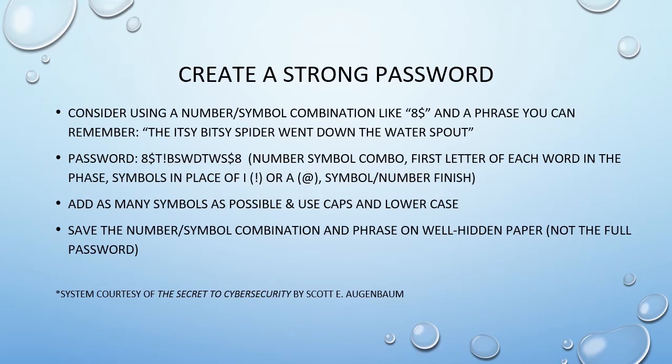You can change some of the letters to symbols where it works for you. So here we have $8, T exclamation point, BSWD TWS. Then at the end you invert the number symbol combination, so $8.